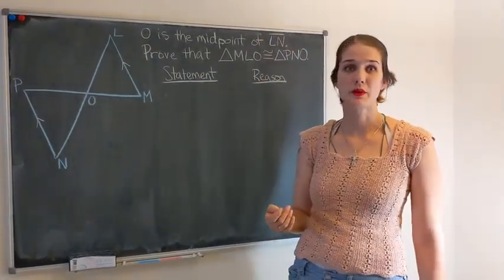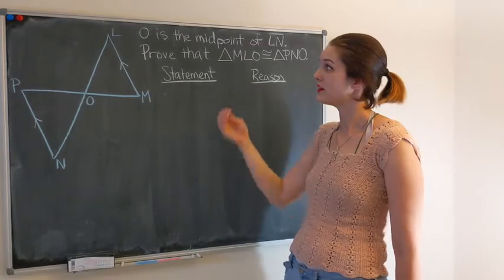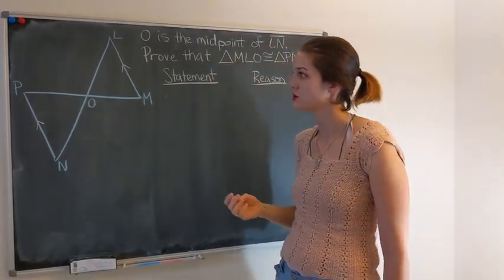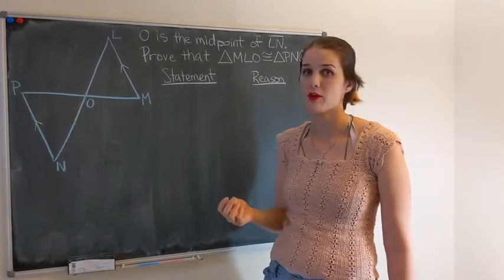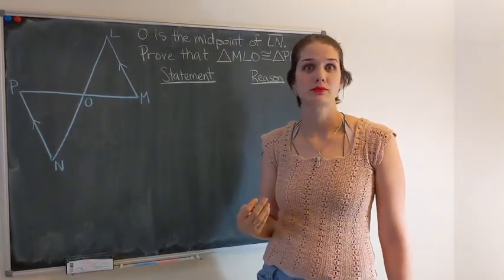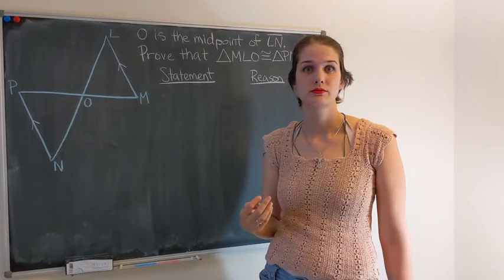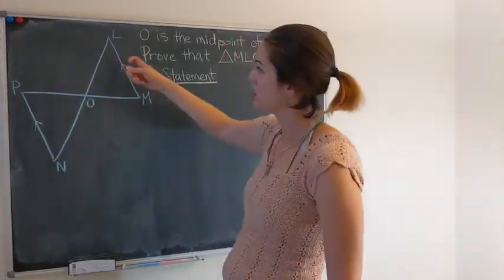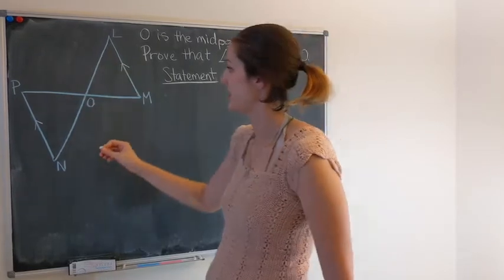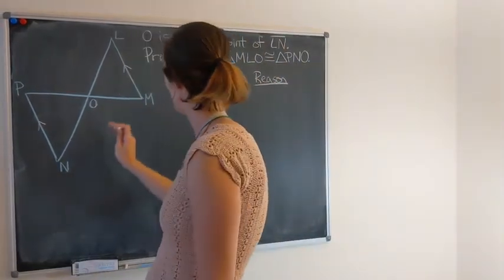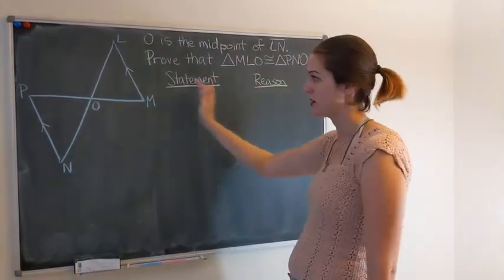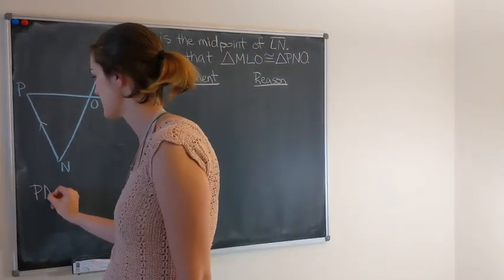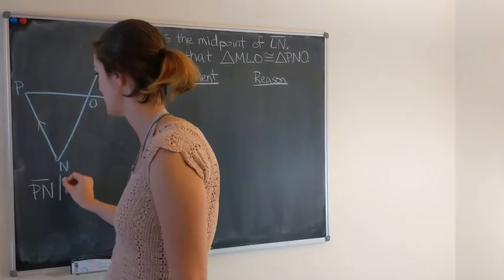So the first thing that we want to do is look at the information that's given to us in the problem and any information that is given to us on the diagram, and just write that down. So on the diagram, we're given that PN is parallel to LM. So away from where I'm going to write my proof, I'm just going to make a note of that in case it ends up being something that we need to use in the actual proof.